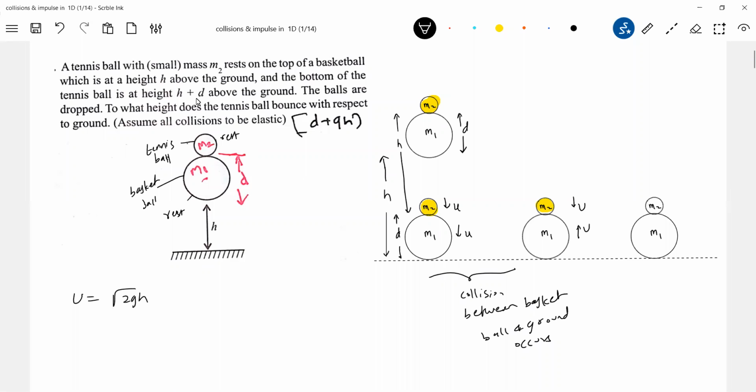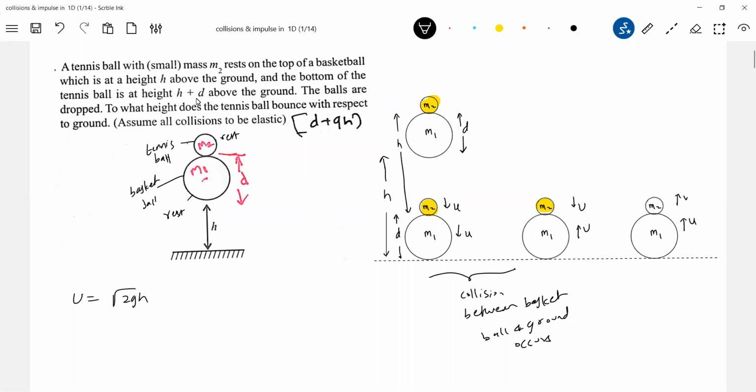Clear this. So now how are the tennis ball and basketball moving? They're moving opposite to each other. So now a collision occurs between the tennis ball and basketball. And look at this one. Small is told. So what do you expect the velocity of the basketball to be after collision? It remains the same.